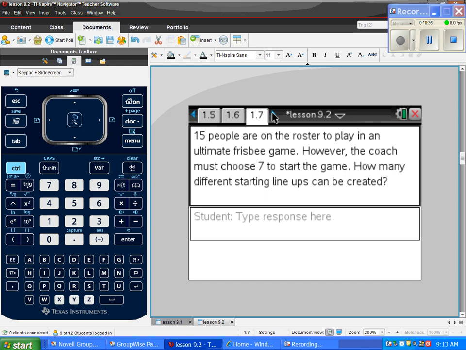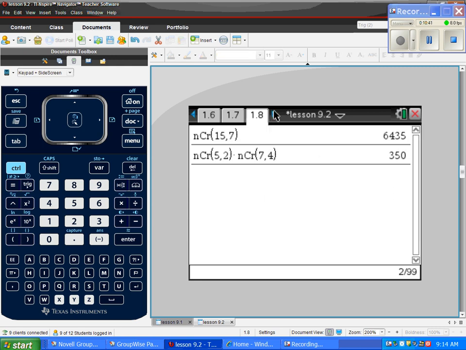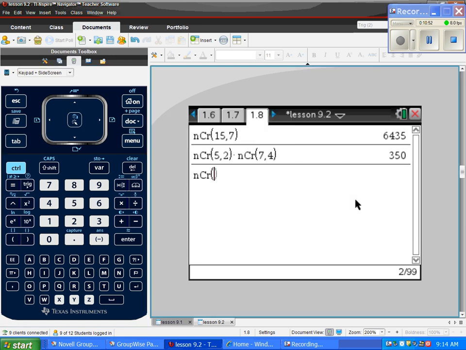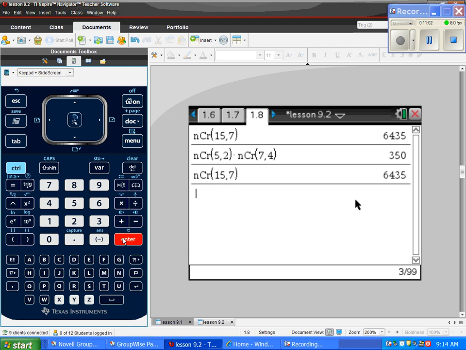15C7. To calculate these, it's pretty much the same place. You're going to go to a calculator page, menu, probability, except this time combination, not permutation. And then you just type in the same thing, 15C7, 15 comma 7, right? 6,435 different starting lineups that I can make.